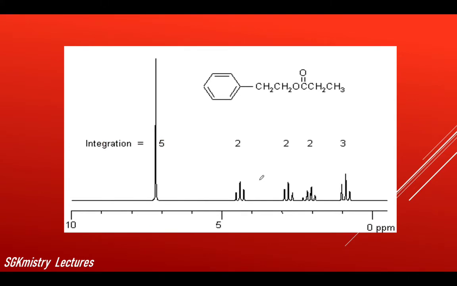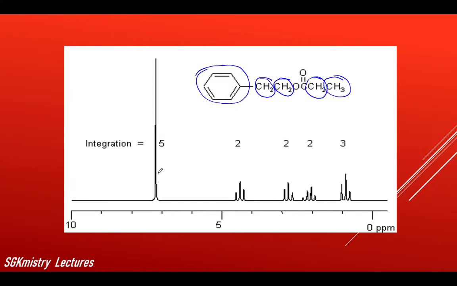electronegativity of the adjacent atoms of the proton. Before that, you can just see a particular NMR spectrum. For this molecule, this is one type of proton, the CH3 proton. Again, this is one more type, CH2. Here we have one more type of CH2 proton, and then we have the protons of the aromatic ring.